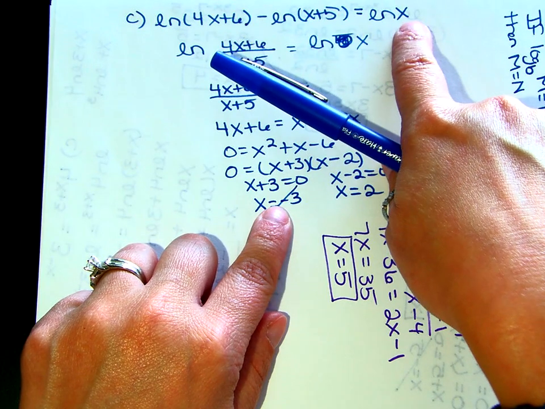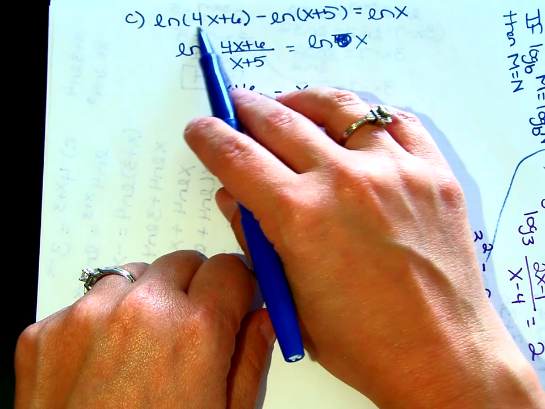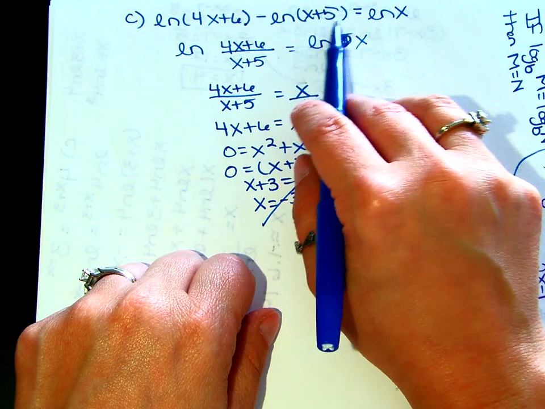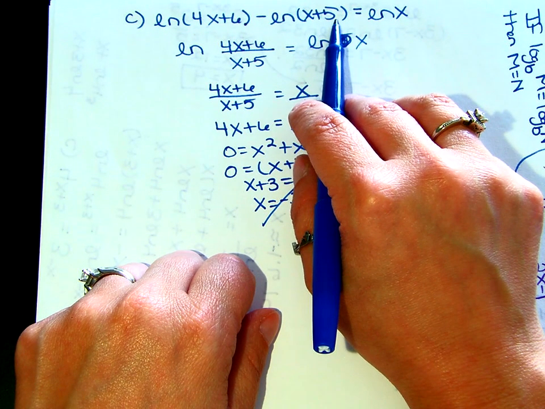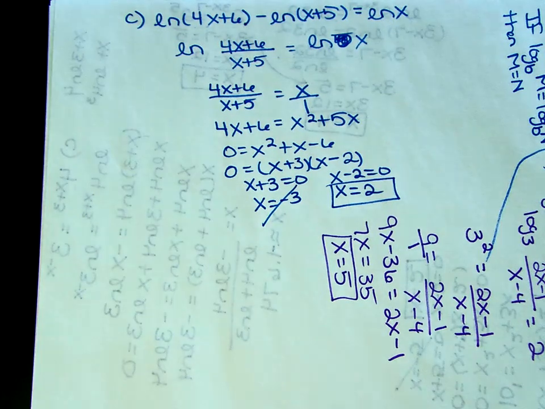Because that one would have broken over here too. But like ln of x plus 5, if this is -3, it wouldn't have broken this one. So you always want to make sure and check and be comprehensive or conclusive on all of it. So the only answer is 2.